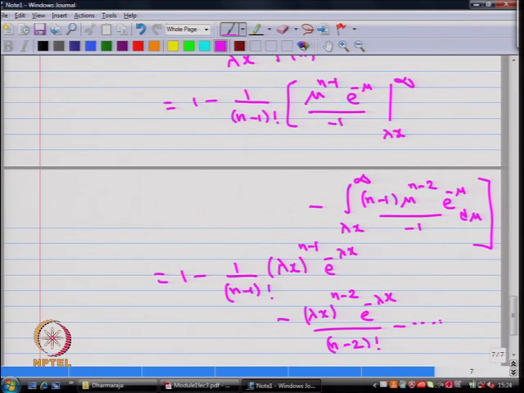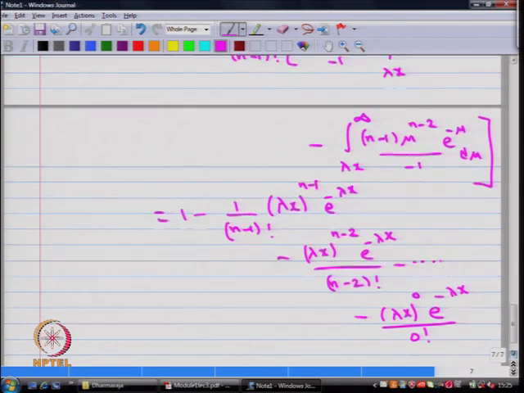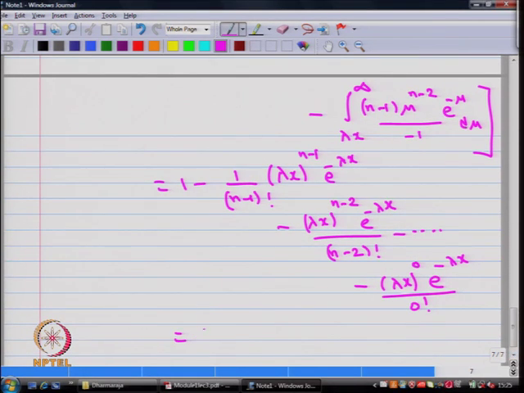Similarly, the other terms. By doing integration by parts again and again, the last term you will get is minus lambda x power 0 e power minus lambda x by 0 factorial. This you can write in the form 1 minus summation i equal to 0 to n minus 1 of lambda x power i e power minus lambda x by i factorial.